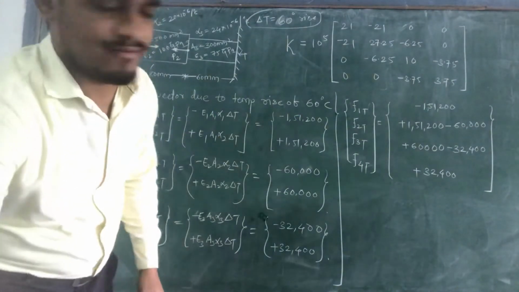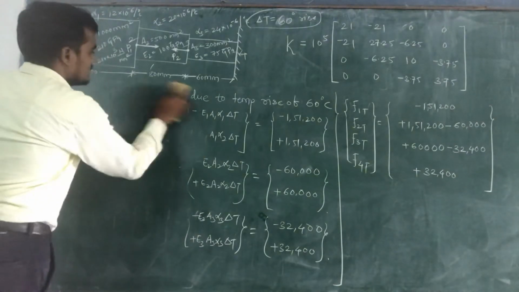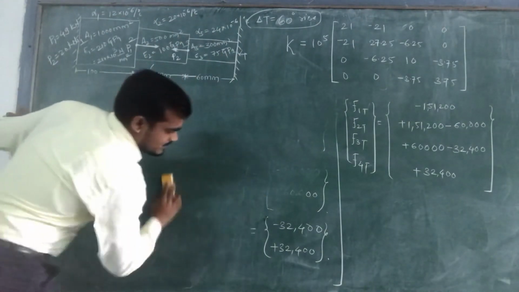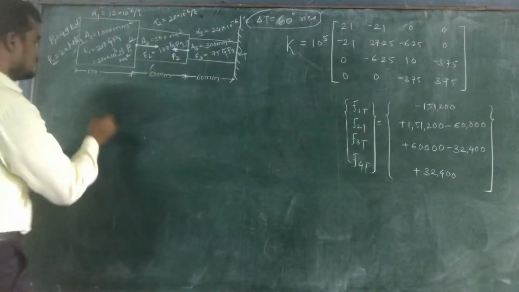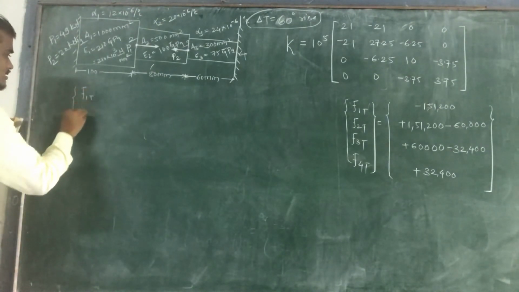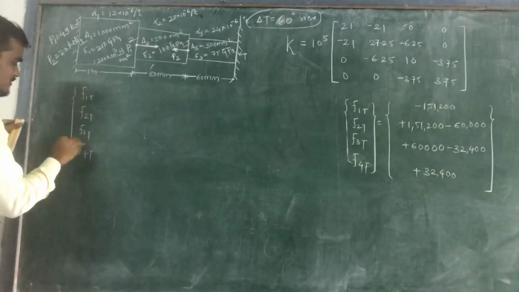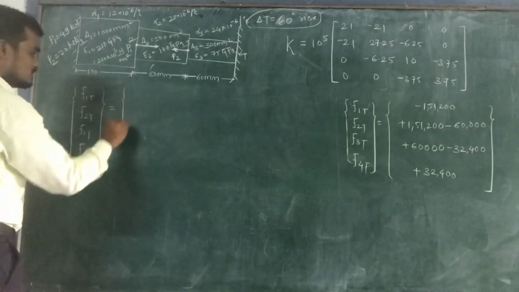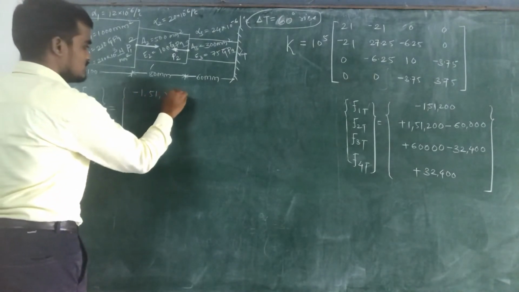On simplifying all these values, we will get the nodal force vector due to temperature rise as F1T, F2T, F3T, F4T is equal to: first one is minus 1,51,200.